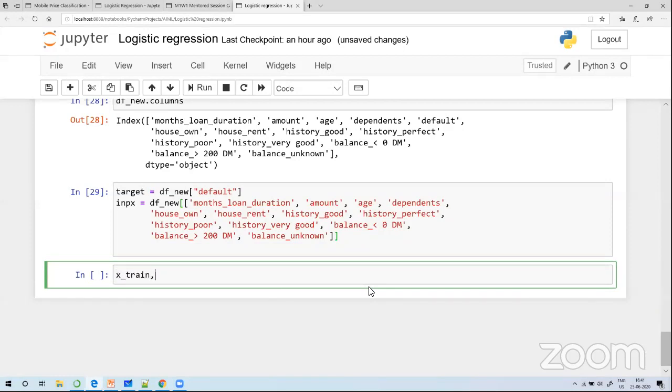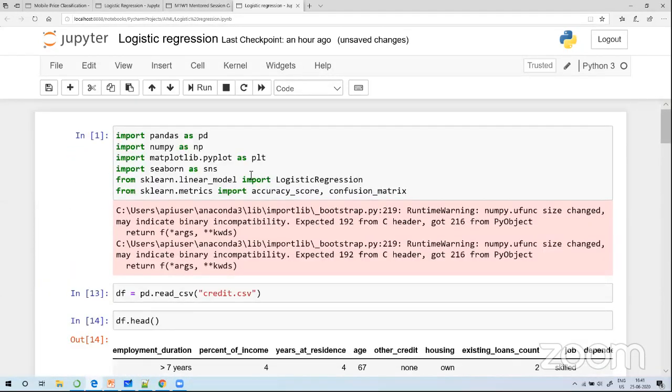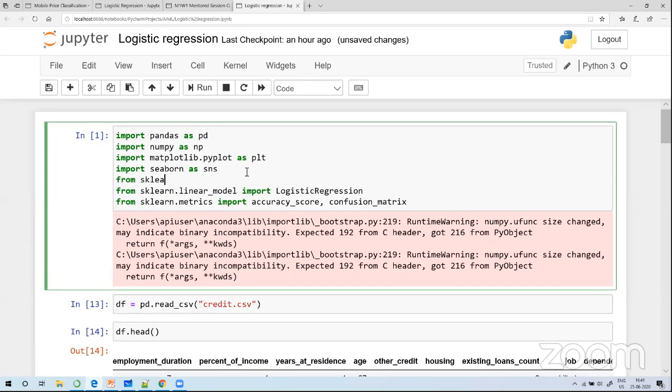Now X_train, X_test, y_train, y_test is equal to train_test_split. Oh, we did not import it. From sklearn.model_selection import train_test_split.